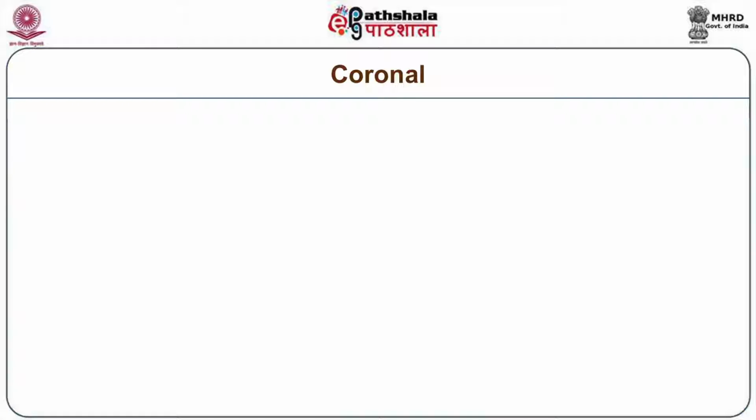The next group of places of articulation is the coronal place, which is produced with the tip and the blade of the tongue. There are three main types of these coronal sounds: those which are apical, those which are laminal, and those which are subapical.